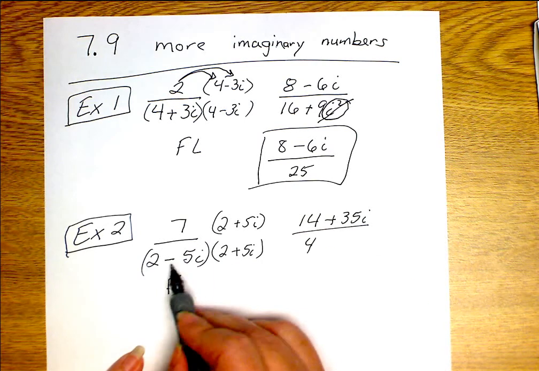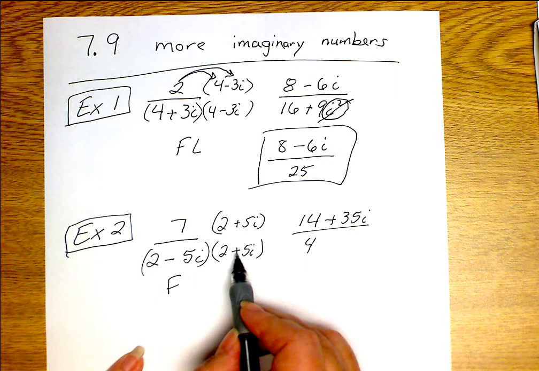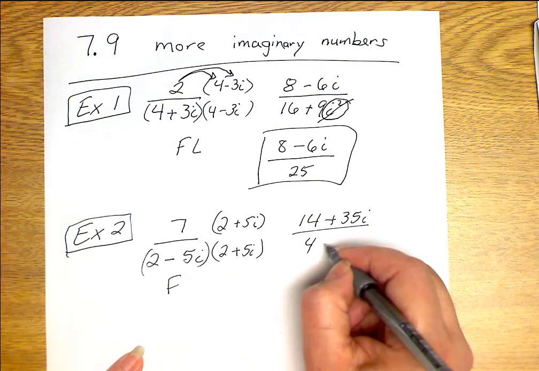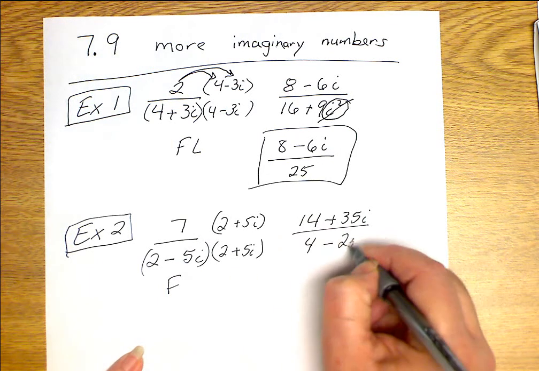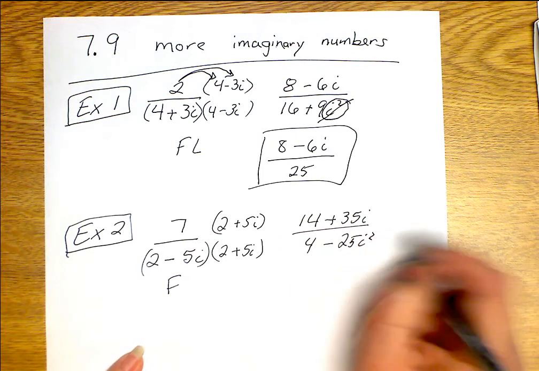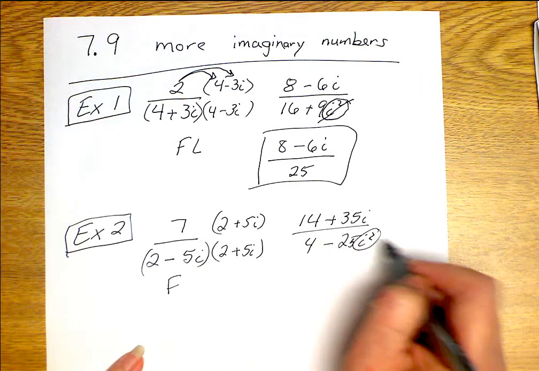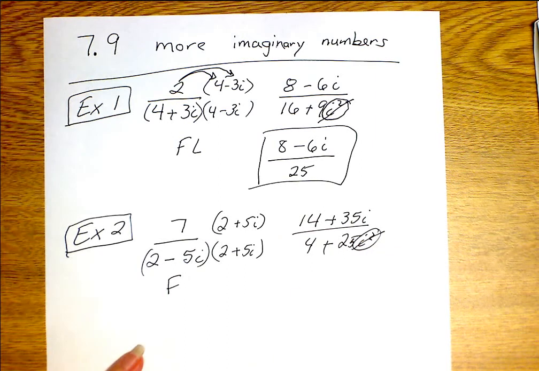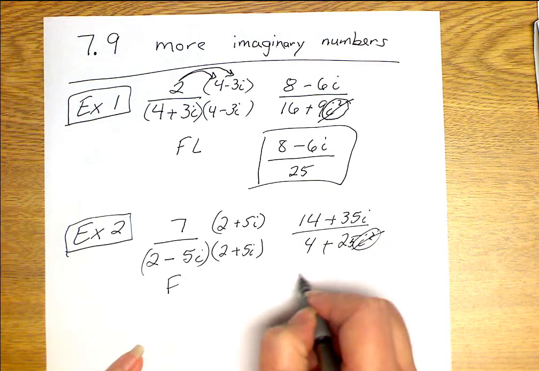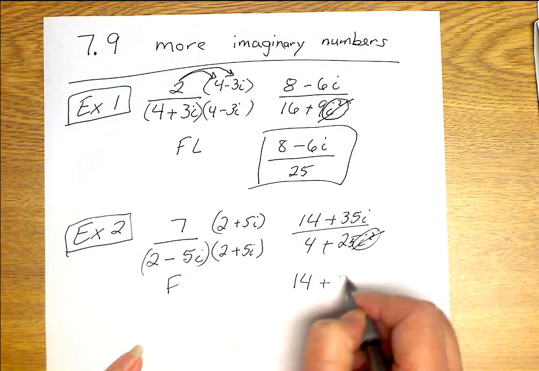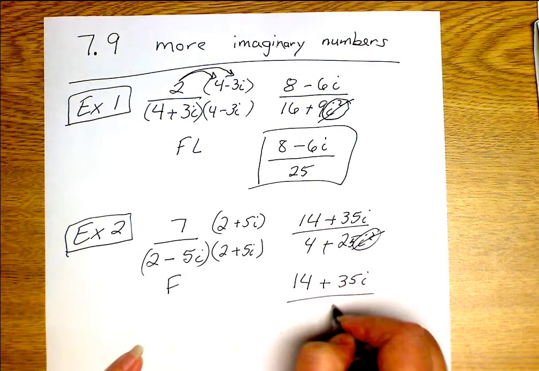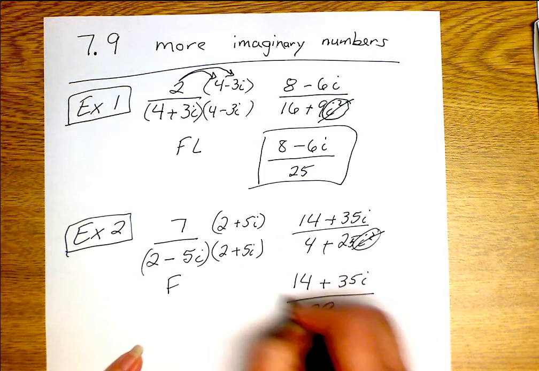Negative 5i times positive 5i gives me negative 25i squared. i squared gives you negative 1, so you can change that sign. And hopefully all of you got 14 plus 35i over 29.